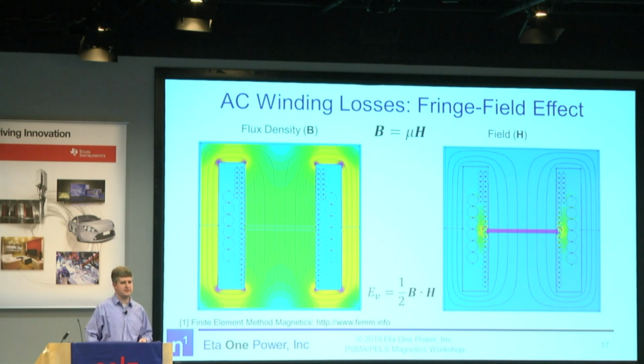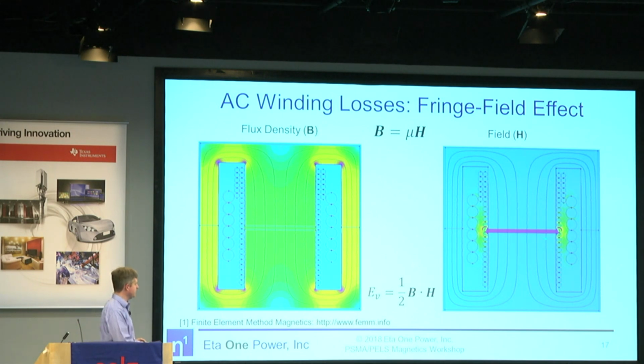So I'll talk about the fringe field effect a little bit. As you know, a lot of people use gapped cores for inductors, flyback transformers, LLC transformers, and other things where the core has to store energy. And it stores energy in the gap because energy is proportional to 1/2 BH, which means areas with high B, which are in the core path, and high H, which is outside of the core, store the most energy.